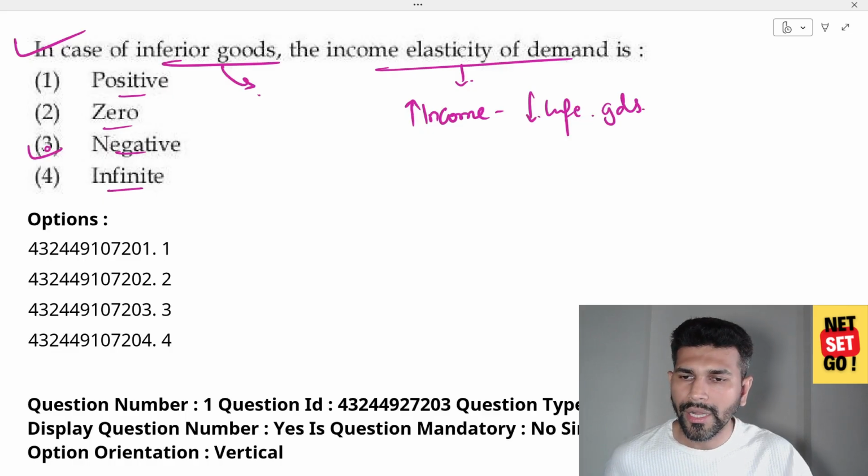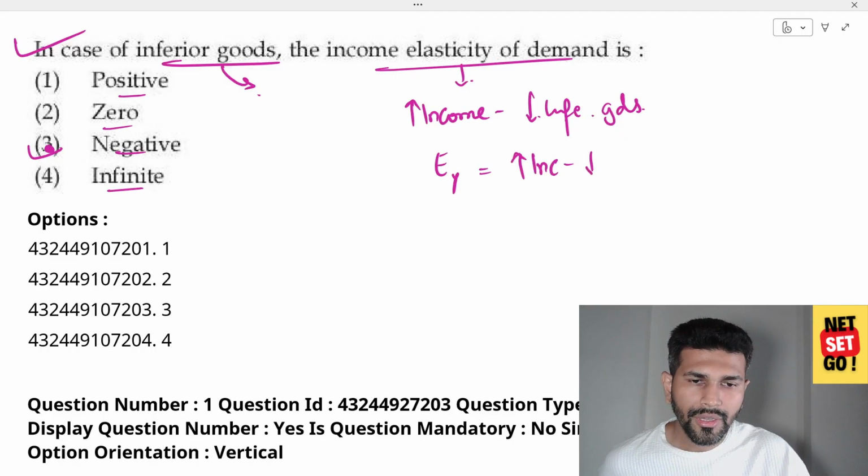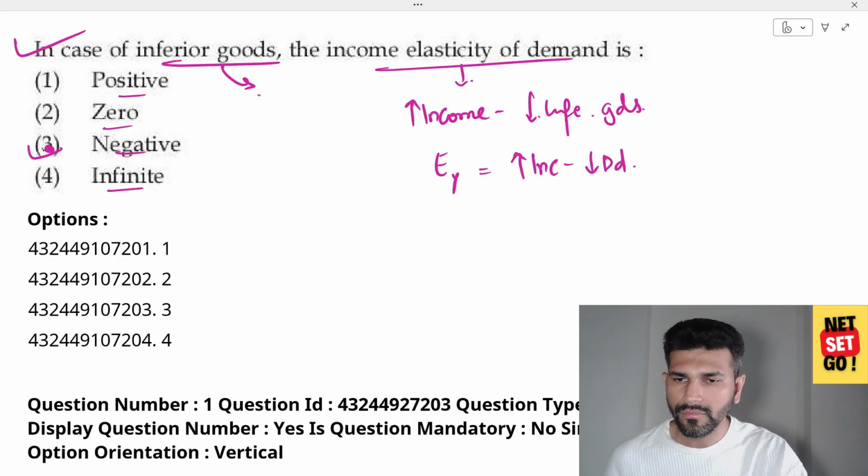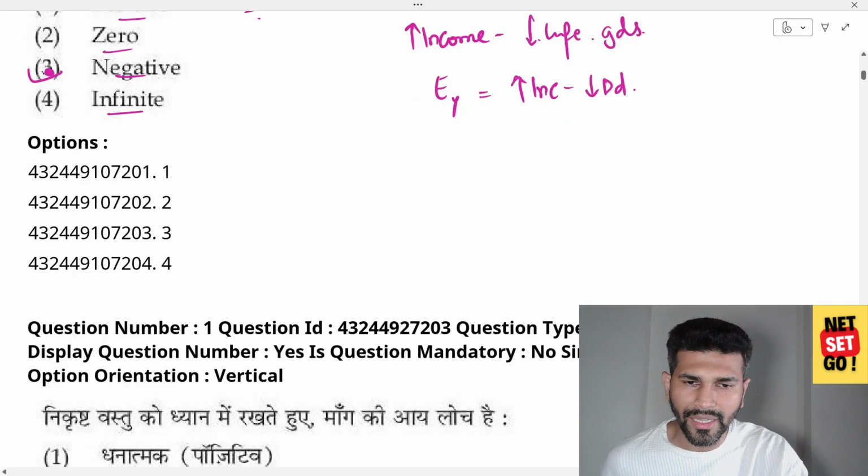So the correct answer is option 3, negative. Income elasticity of demand for inferior goods is negative because if income increases, the demand for inferior goods will reduce. Option C, 3, is the correct answer.